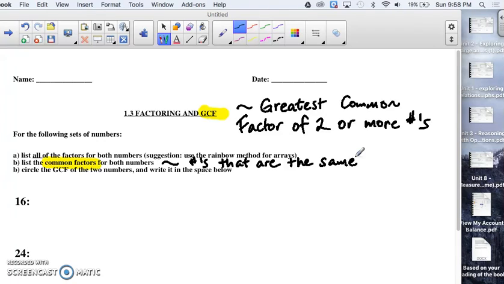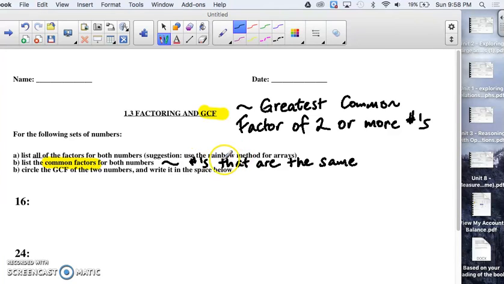Now, what I'll do for this lesson is I'll just do the first example with you, and this is how I would suggest you do the rest of the questions on this worksheet. This will be an extension of what you learned in terms of factors and arrays in lesson 1.2. So for the following sets of numbers, list all of the factors for both numbers.